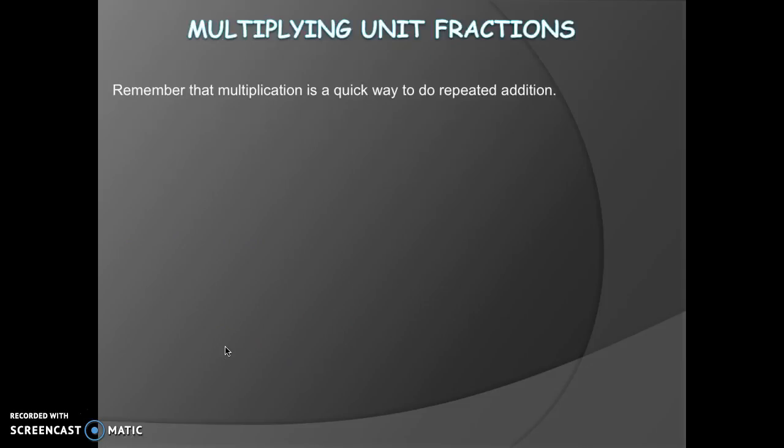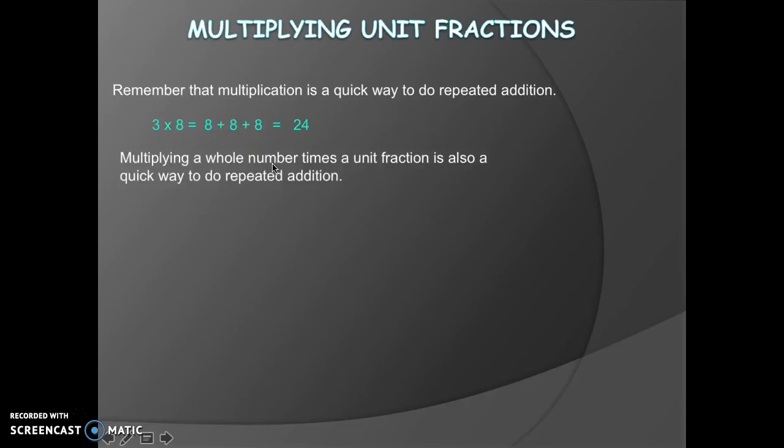All right, now remember, multiplication is a quick way to do repeated addition. For example, 3 times 8 is the same as the number 8, 3 times: 8 plus 8 plus 8. They both equal 24. Multiplying a whole number times a unit fraction is also a quick way to do repeated addition. We talked about this earlier in the year.